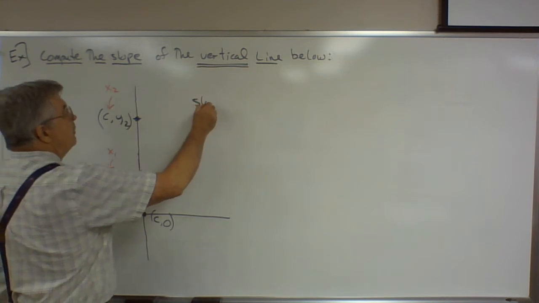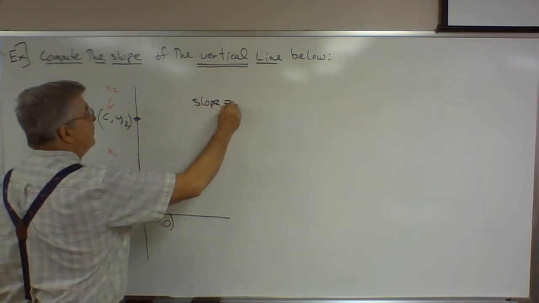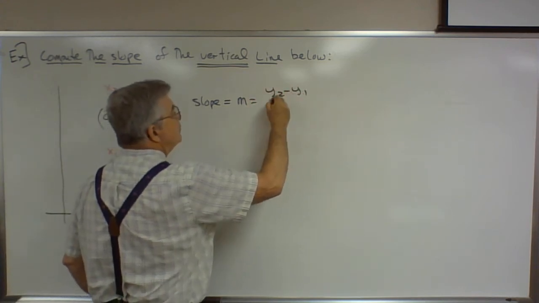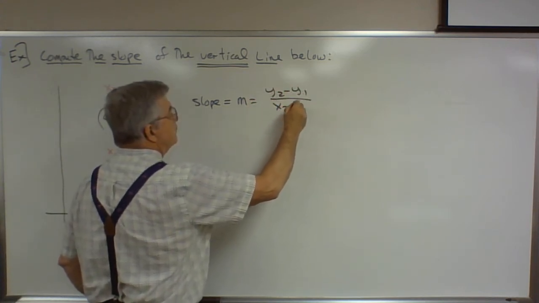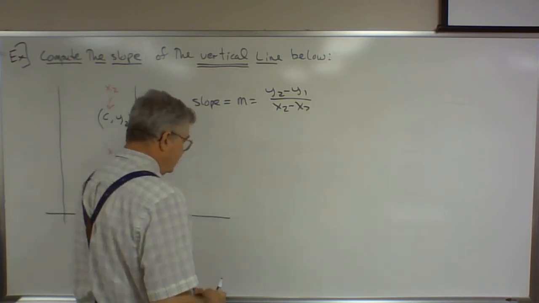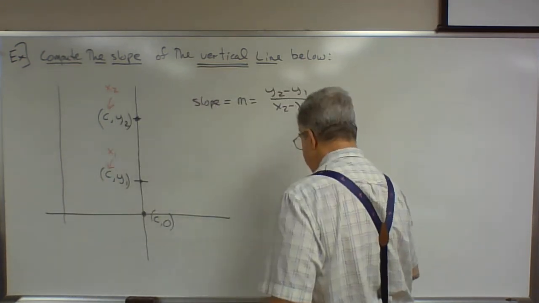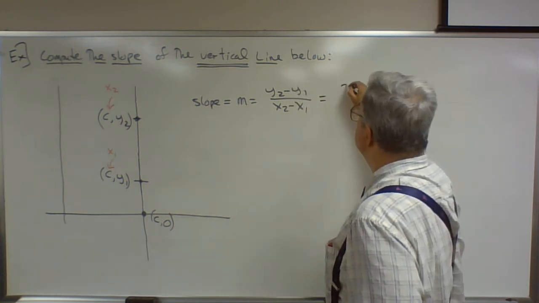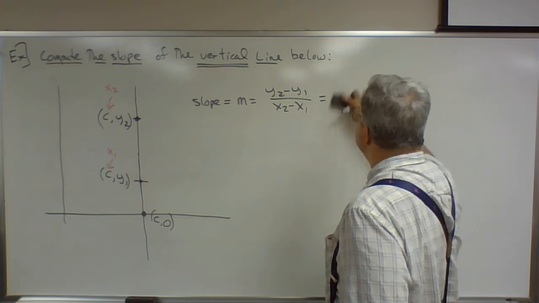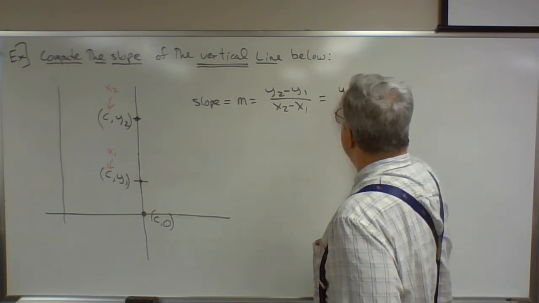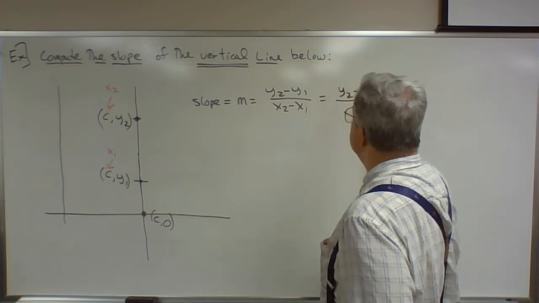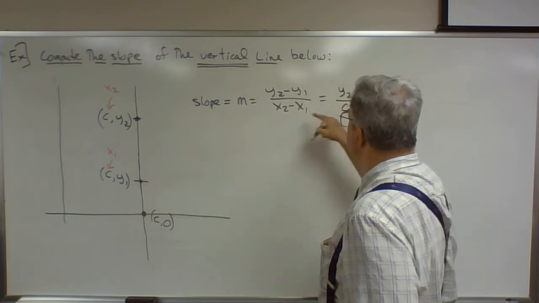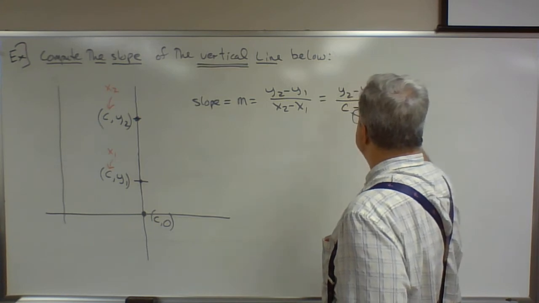And slope m equals y2 minus y1 over x2 minus x1. So we have y sub 2 minus y sub 1. x2 is c. x1 is c.